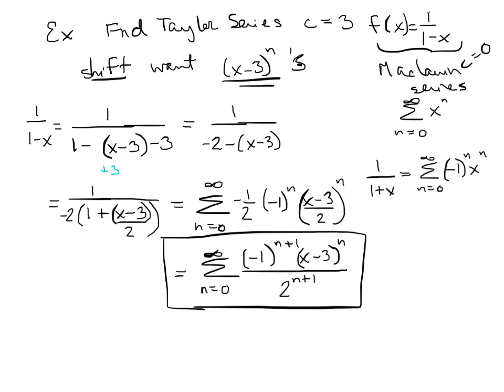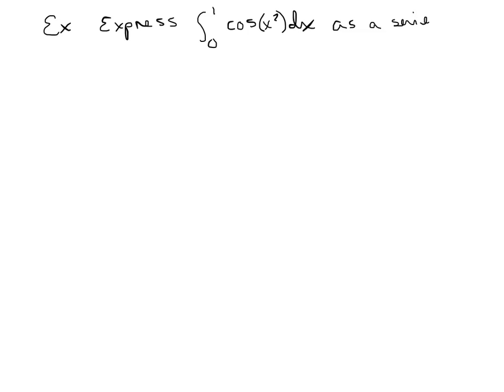All right, one more example of what we can do with Taylor series. Let's express the integral from 0 to 1 of cosine of x squared dx as a series.